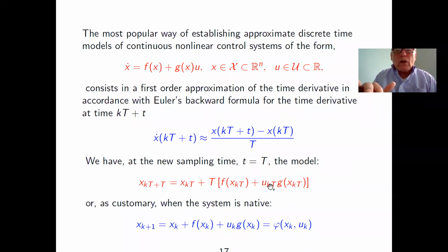But the next one will not be a linear function of u. When you take x(kT plus 2T), this nice structure of affineness in the control input will be destroyed. So there is no reason to push for this as the class of systems we should be dealing with, because this linearity in u is not preserved as you iterate the values of the states along the time axis.